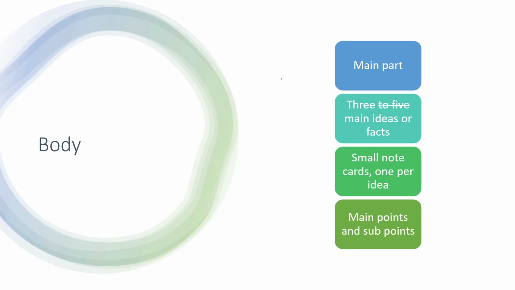In the body, there must be a main part. That's the main part of the speech. Then 3 to 5 main ideas or facts. We do not pick 5 ideas because your speeches are 4-minute speeches. So pick 3 ideas that you want to talk about in the body.